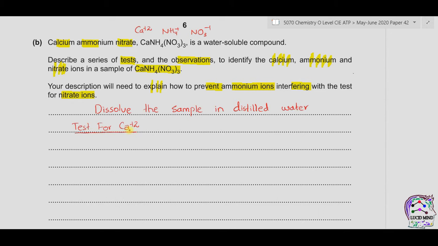For calcium plus 2, we know that if we add aqueous sodium hydroxide and warm, then a white precipitate is formed that is insoluble in excess, which confirms the presence of calcium plus 2. So we can write: add aqueous sodium hydroxide and warm.